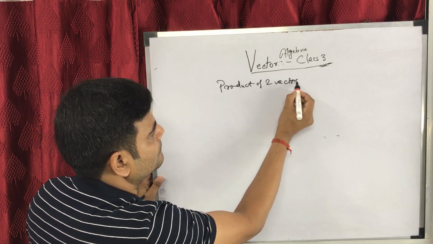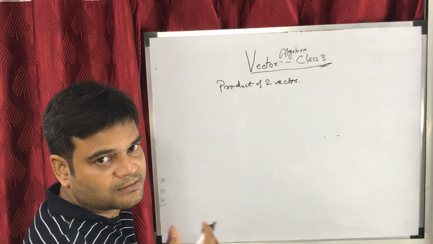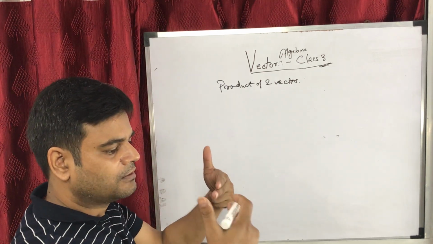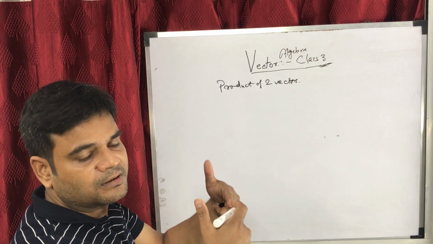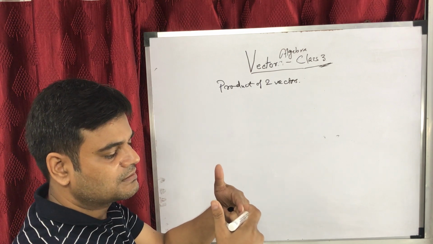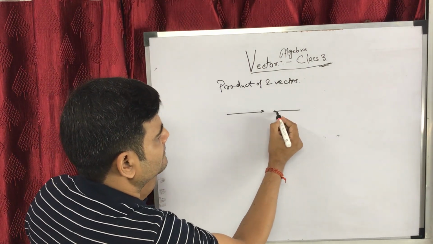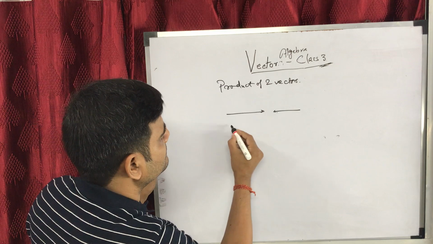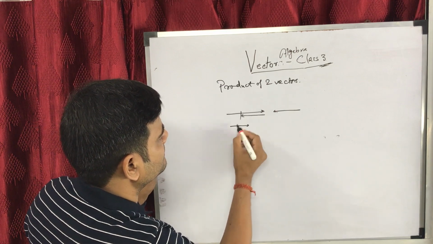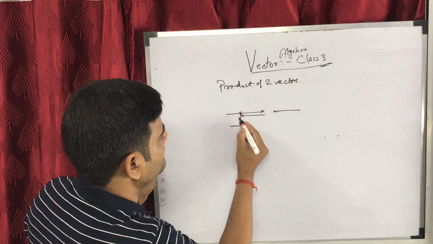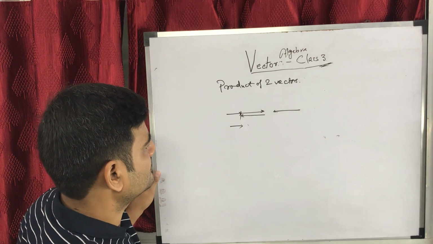We saw the sum of two vectors, and the difference of two vectors: when two forces are acting towards each other, this much will be cut and you will be left with this much vector.